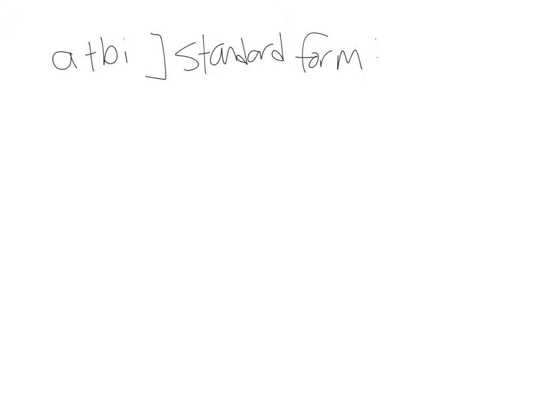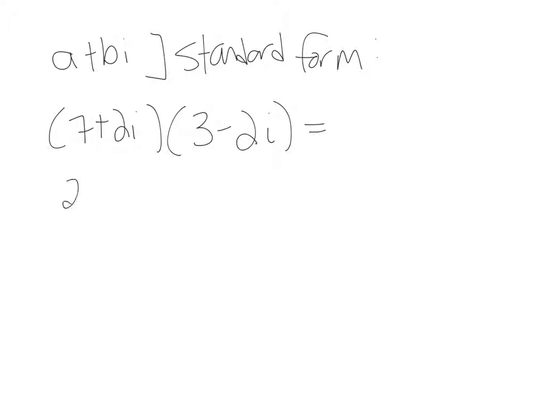There's a lot of things that we do with complex numbers. So we write this as the standard form. Okay, so for example, I can multiply these. I just FOIL them like anything else. So I'd get 21 minus 14i plus 6i minus 4i squared. So i you can treat like a variable.